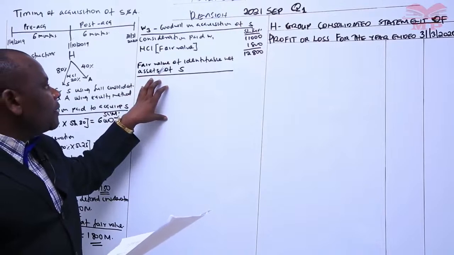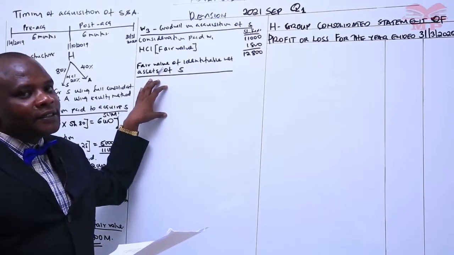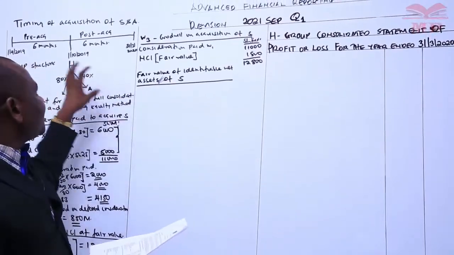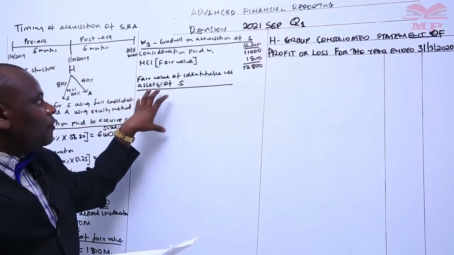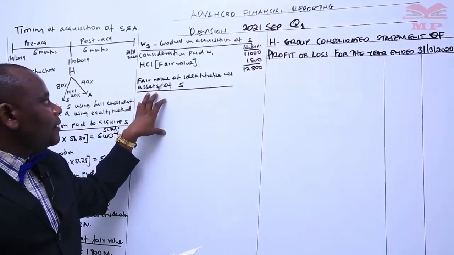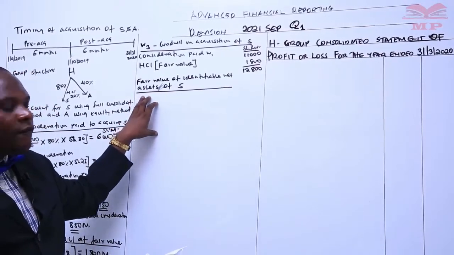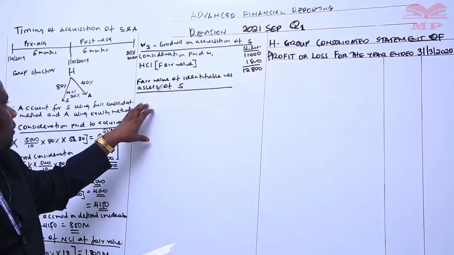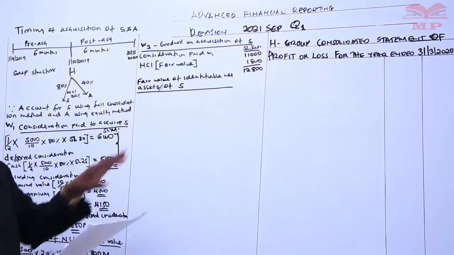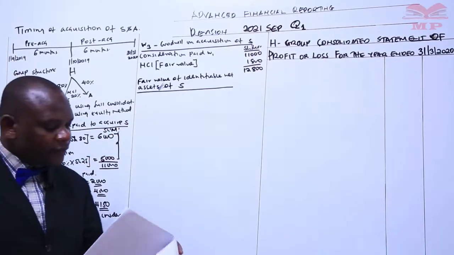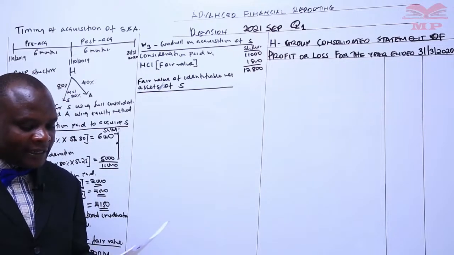In this case, we need the pre-acquired retained profit, that is the profits that S made alone before being acquired by H. We also need to determine the ordinary share capital of S. We also need to identify share premium and also identify if there was any fair value adjustment.